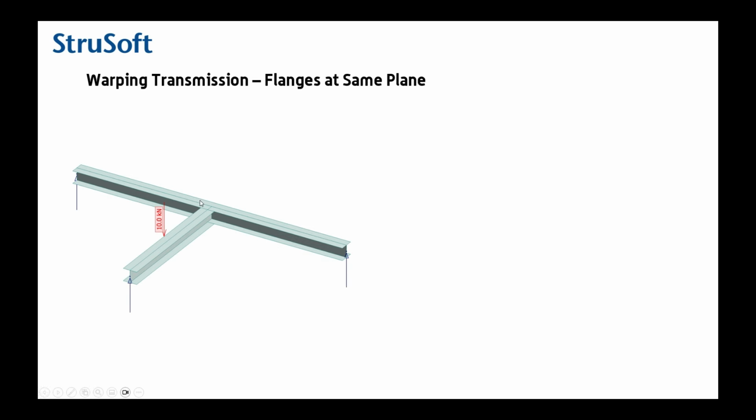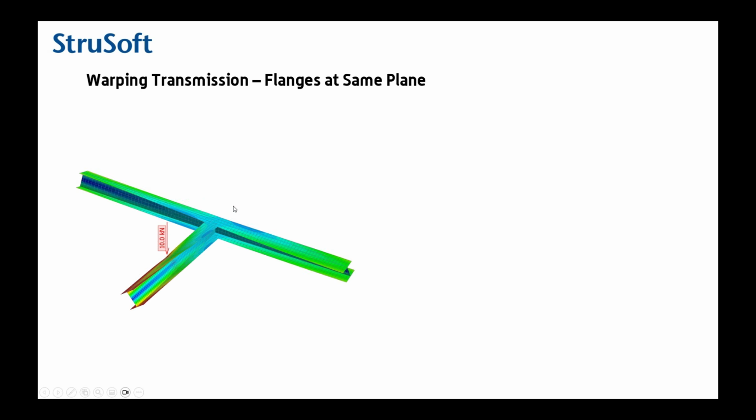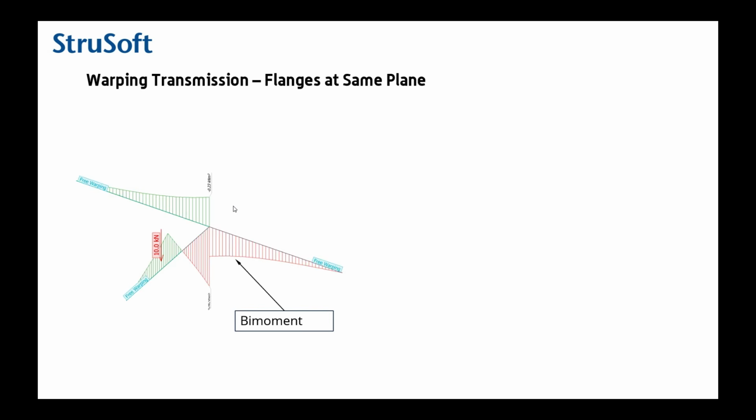What about if we weld those flanges together, or do some bolted flange, or put really high stiffness in the connection of the flanges together? What happens then? Now if we twist the secondary member, we can see that the main member also twists. Almost all of the twist of the secondary member transmits to the main member.